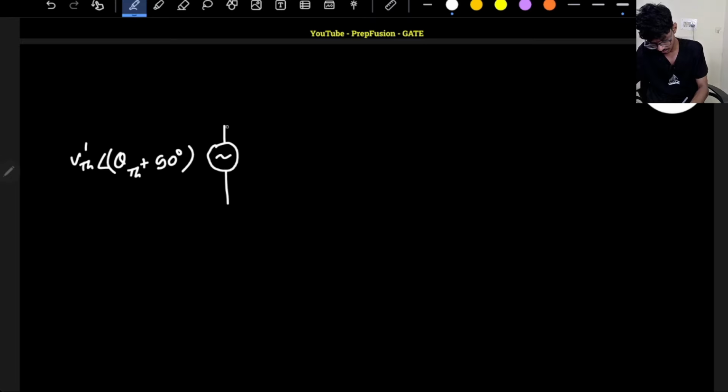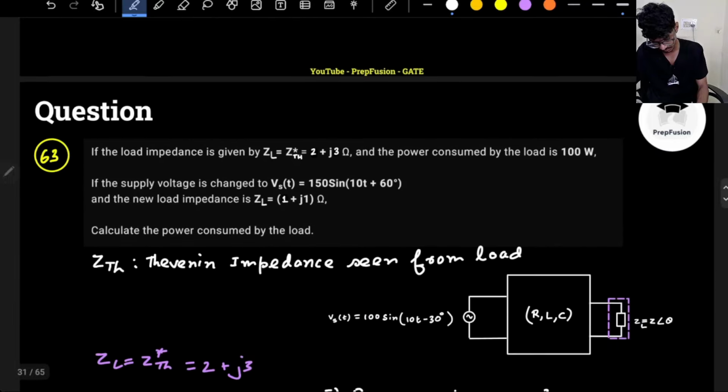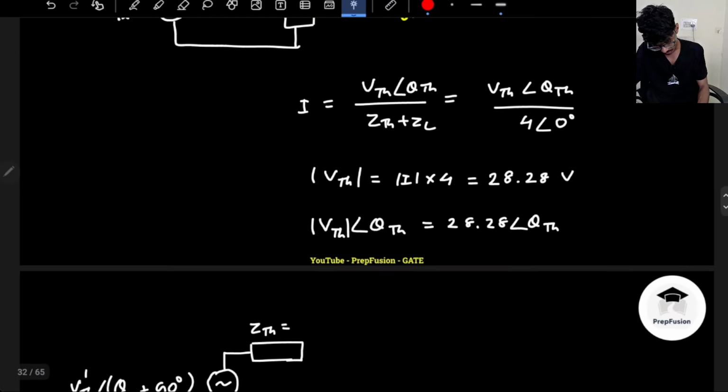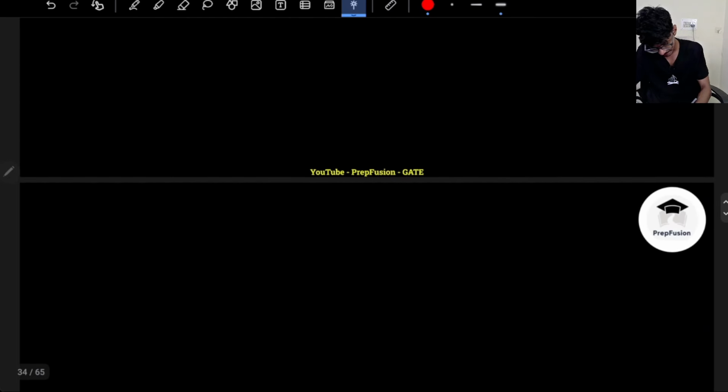ZTH will not change for this network. ZTH is from the previous case only, as frequency is constant. Frequency has not changed, so ZTH will not change, because the imaginary component could have changed only if the frequency had changed. But here the frequency is the same, so the imaginary component will be the same. So ZTH is 2 minus J3.